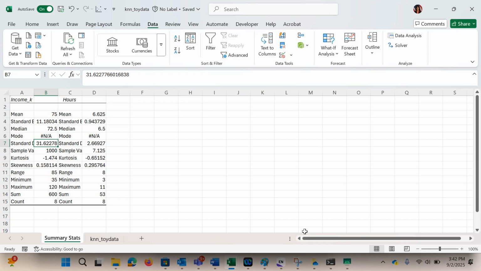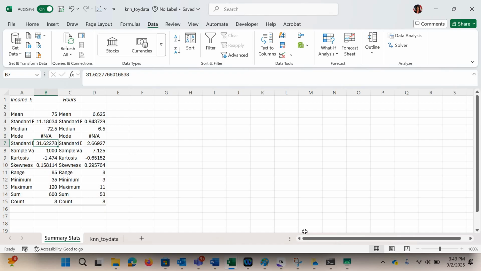And so I get the mean is, as you have on the board, 75, and the standard deviation for X1 is, let me see, you guys have it on the board, 31.6228. You can put the whole thing down.